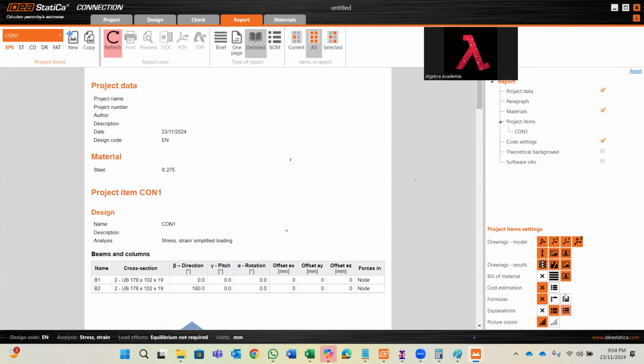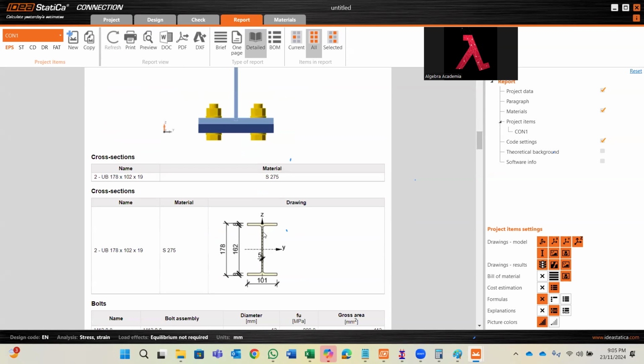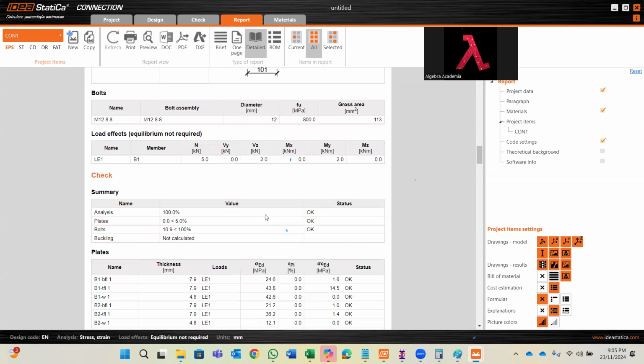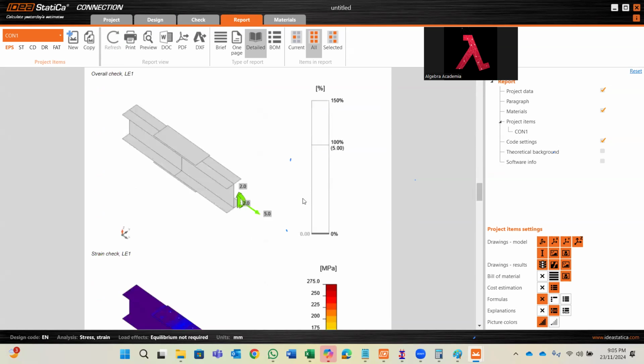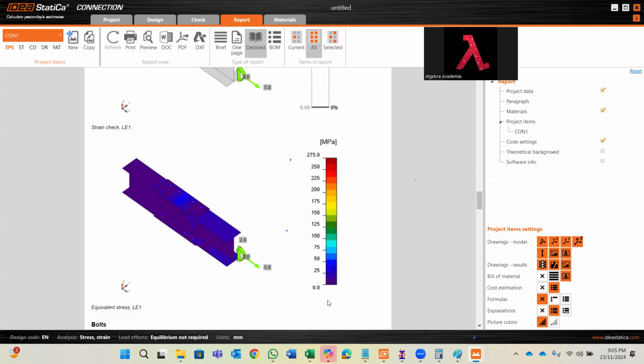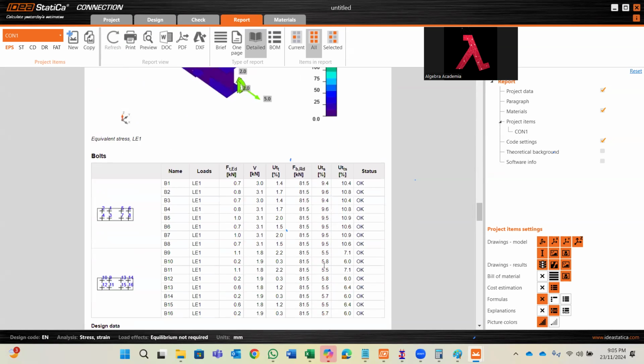Okay. And coming down, section sizes, different views from the models. And this is the plate stresses. Of course, I'll show you in the graphical plate stresses, which is between 25 to 50. It's the maximum stress. The allowable is 275.